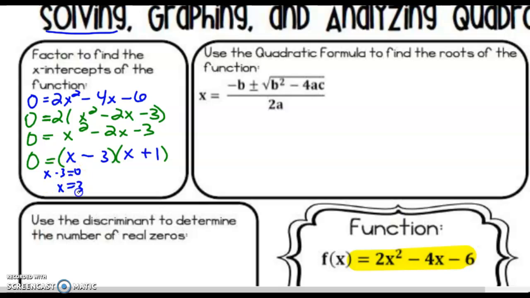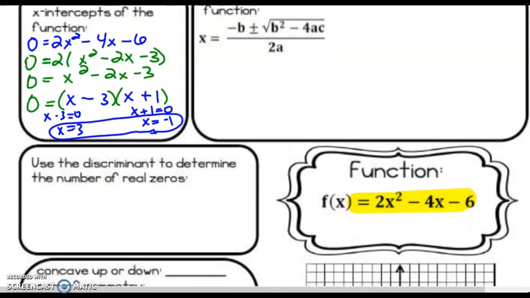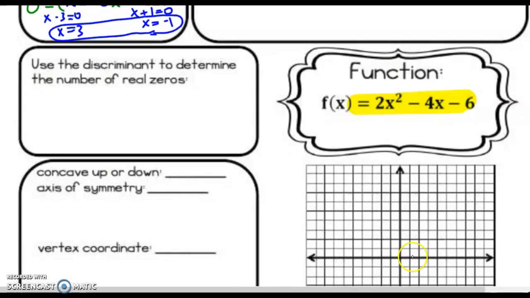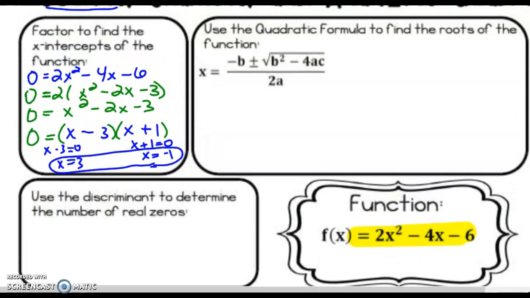So x equals 3 and negative 1. So on your graph, those are telling us that the graph is going to cross at 3 on the x-axis and negative 1.